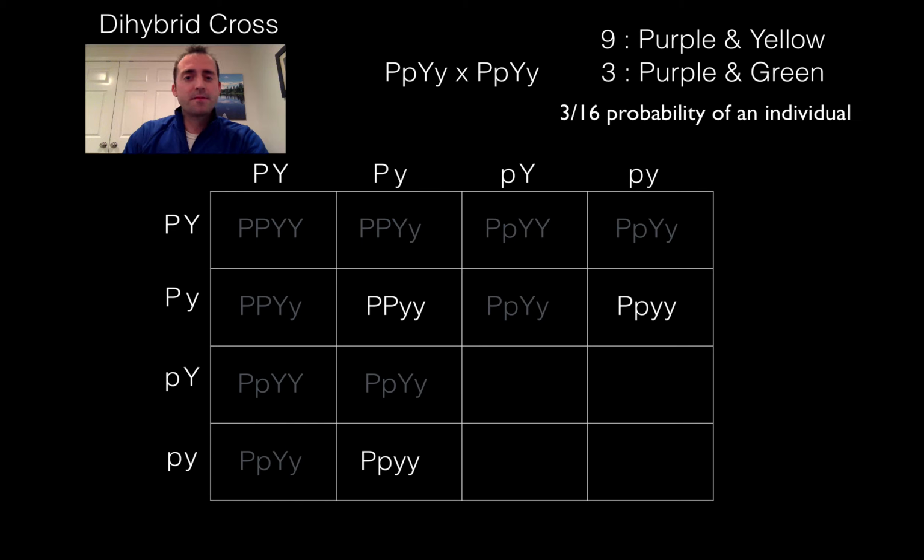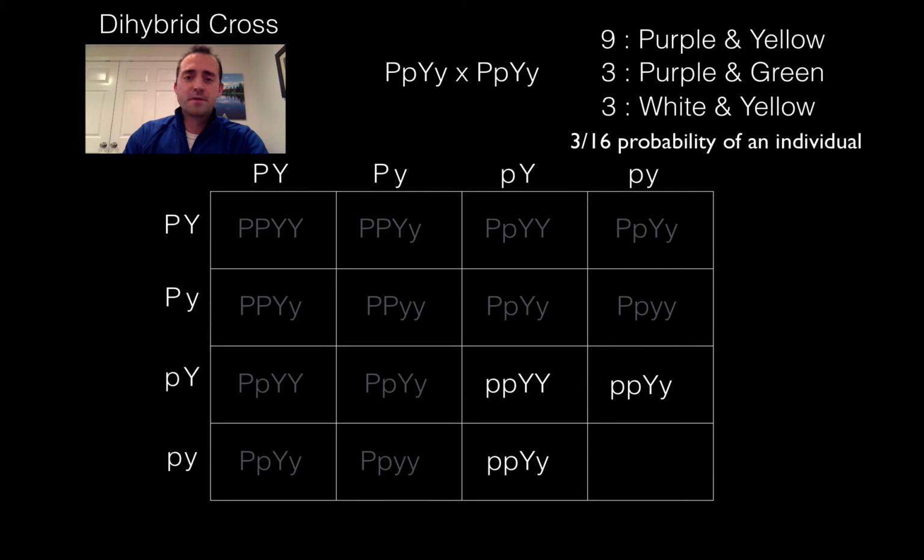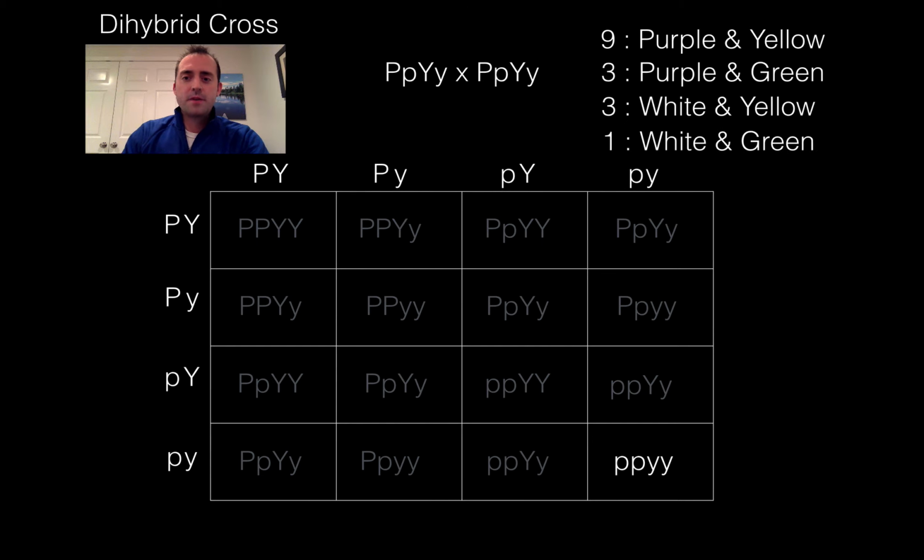They are dominant for the first trait, yet recessive for the second one. These 3 individuals will be the reverse. They'll be recessive for the first trait, they'll have white flowers, but be dominant for the second trait with yellow seeds. And finally we have one left, and you guessed it, these are going to be recessive for both. They'll have white flowers and green seeds.